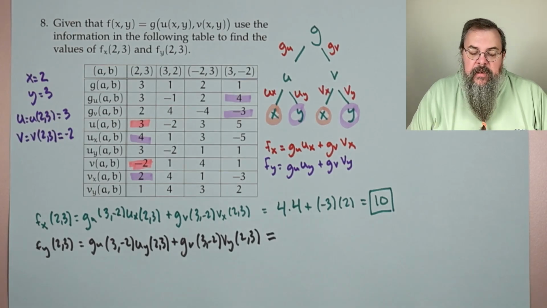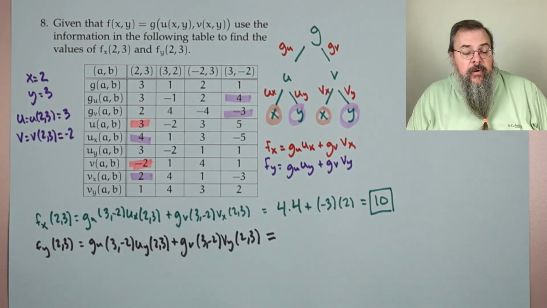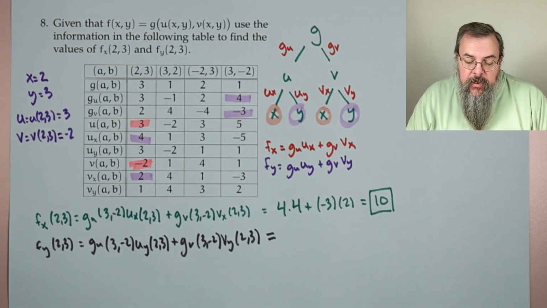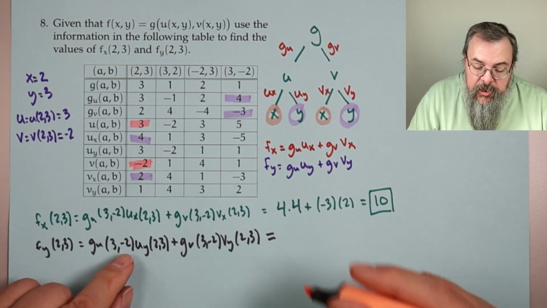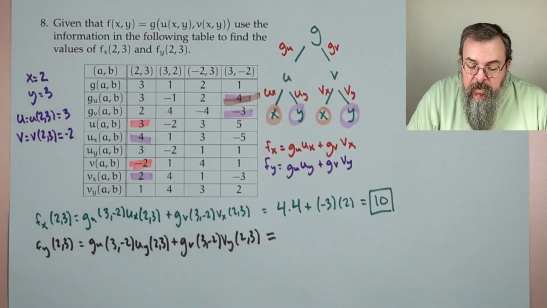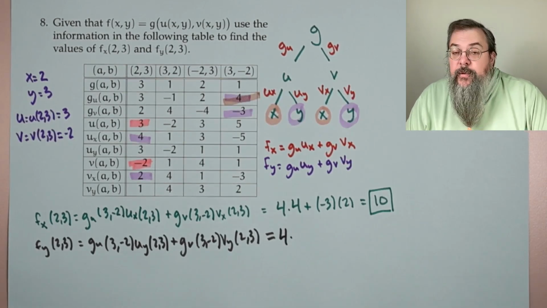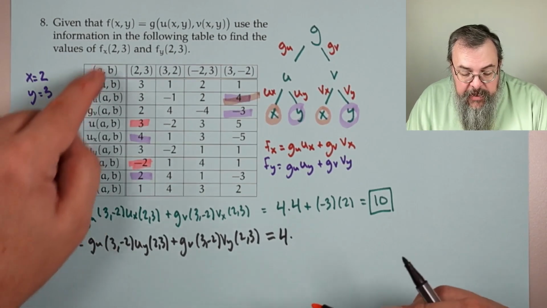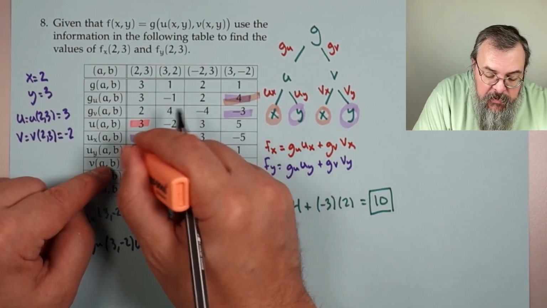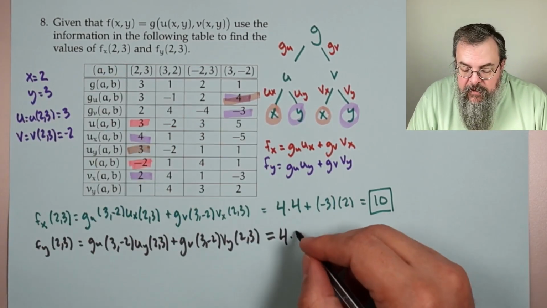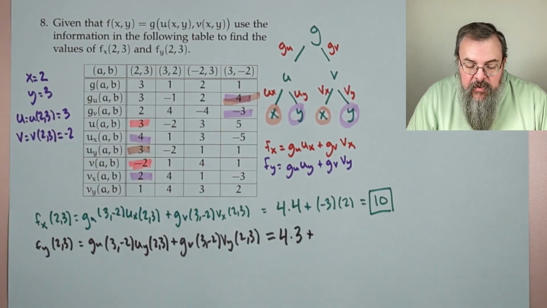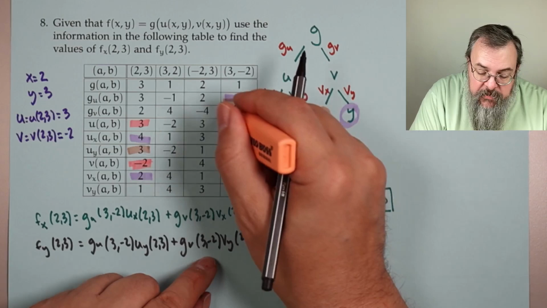equals. All right, so what do we get? Well, g sub u at (3, -2). That's 4 again. u sub y at (2, 3). That's 3. Plus g sub v at (3, -2).